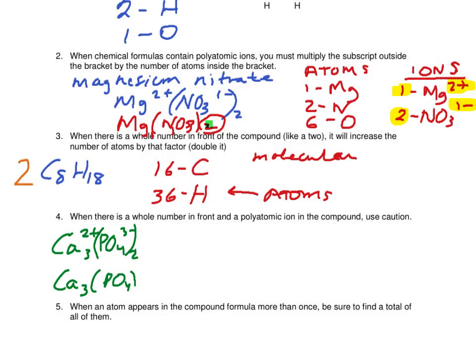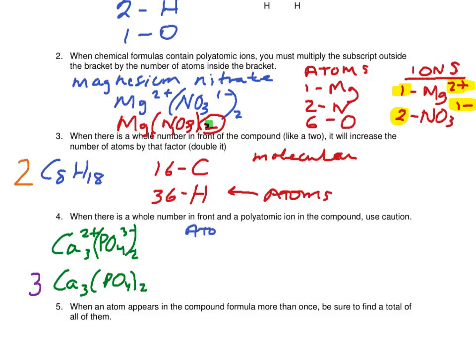Now, in a chemical equation that requires coefficients to be added to balance it, let's just say that as a result of the balancing, you end up with a 3 in front of that. That changes everything inside that compound by a factor of 3. So let's list what we would know about the atoms in the compound, and then we'll do it by ions as well.